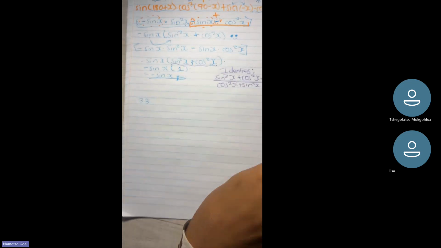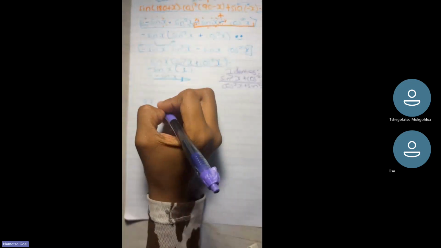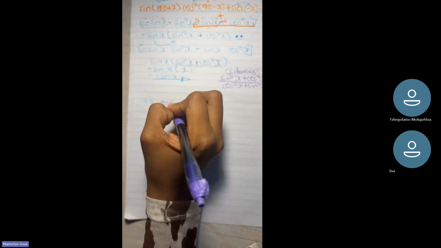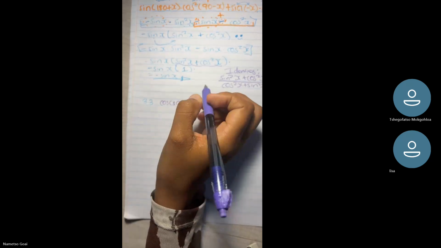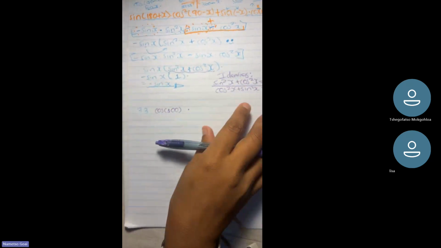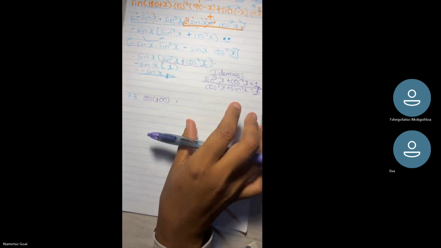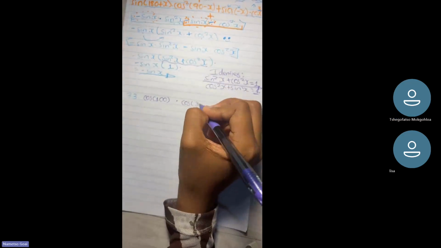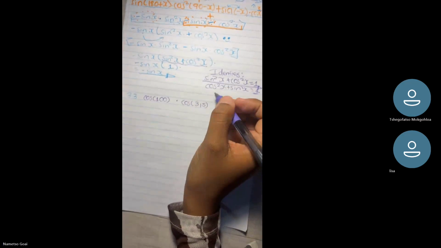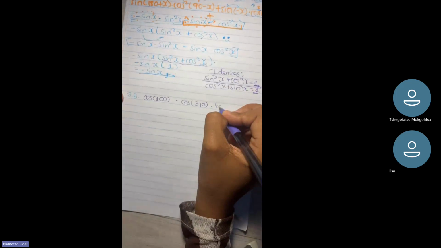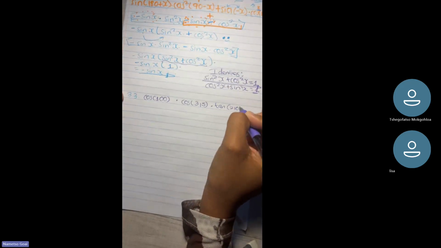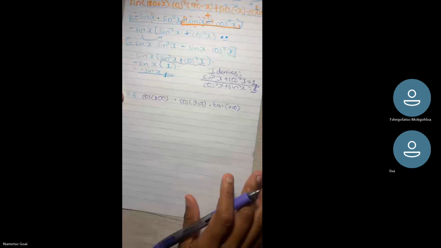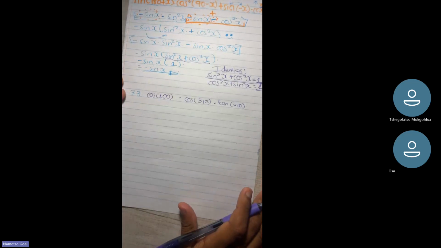We have, let me use the purple one. We have cos 100 multiplied by cos 315 multiplied by 210. You guys can still see my screen? Yes, ma'am.